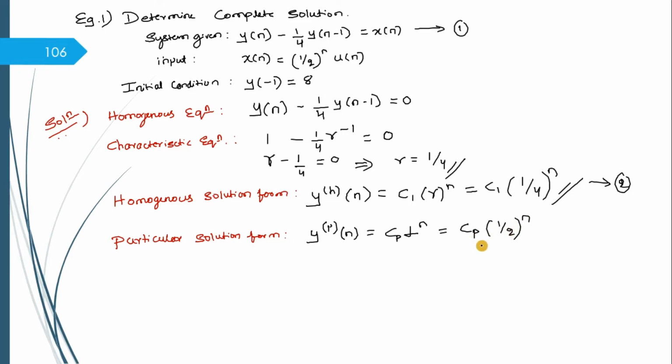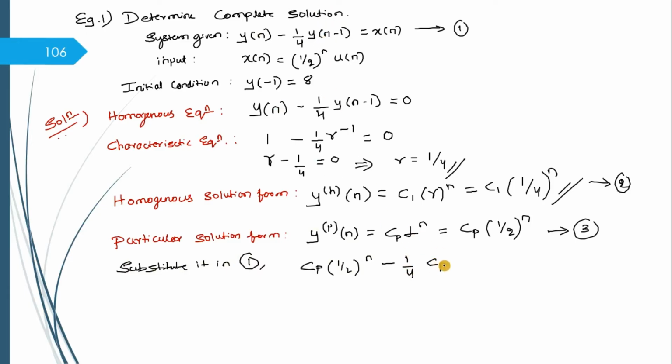Fine. So now I name it as 3, because this form I need to substitute in equation 1. Substitute it in equation 1. What do you get? In place of y of n, I substitute cp 1 by 2 raised to n, minus 1 by 4 y of n minus 1.